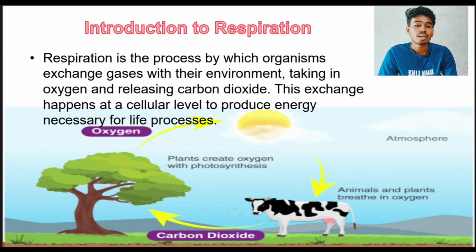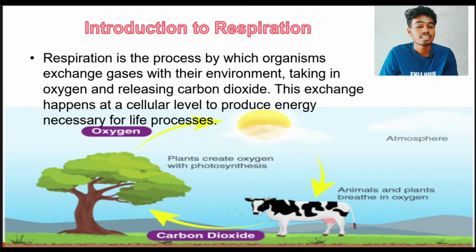As I told you, respiration is nothing but the exchange of gases with the surrounding environment, taking in oxygen and releasing out carbon dioxide, which is written as CO2, while oxygen is written as O2.